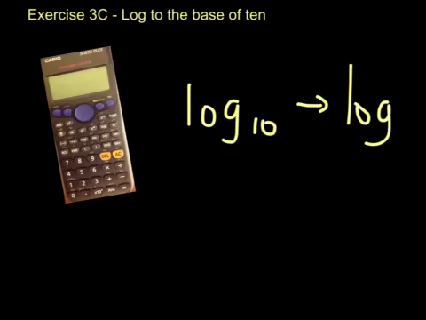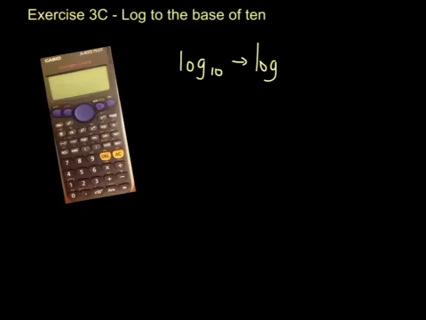This other one is another log, which you'll learn more about in C3. It's called the natural logarithm, and that's log to the base of e, which is a special number in maths, a bit like pi. Not all of you will have this button, but it's a handy button to have on a calculator.